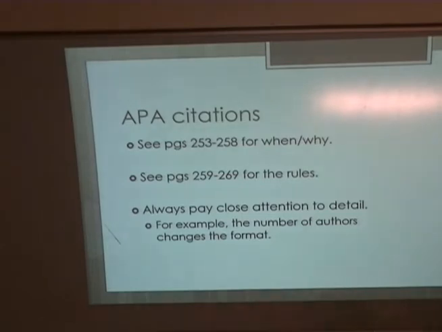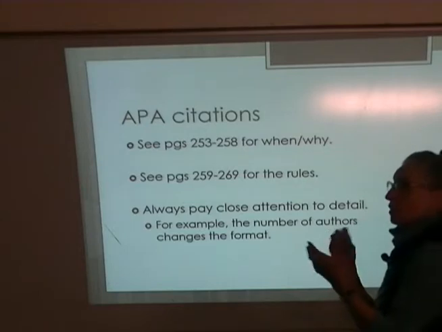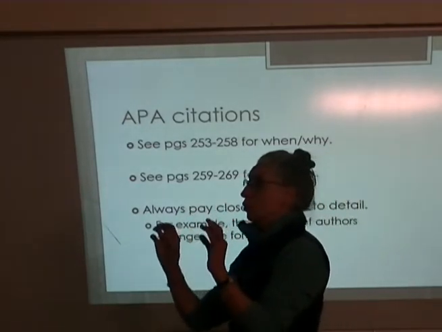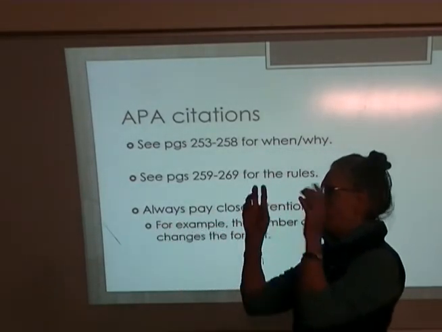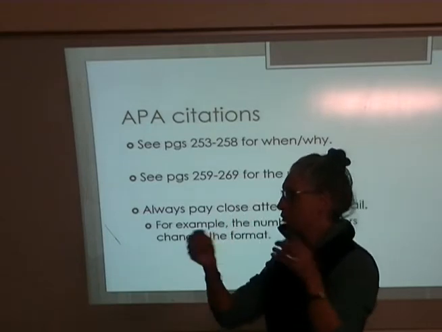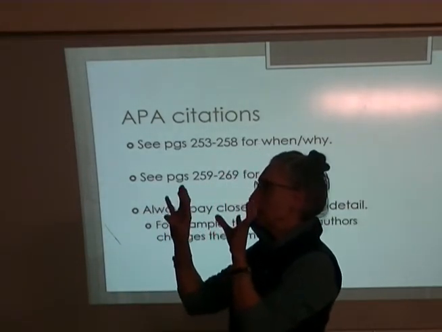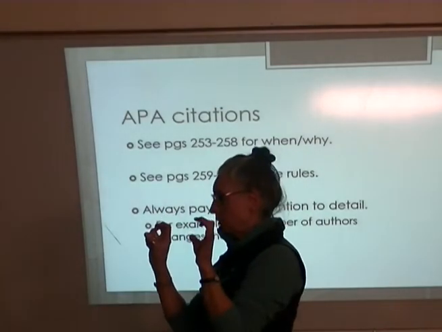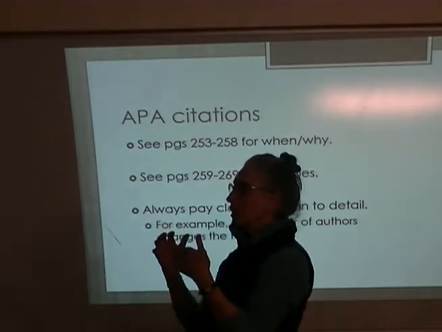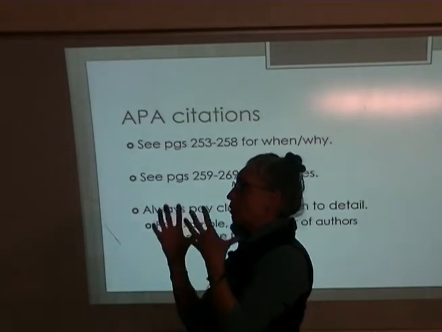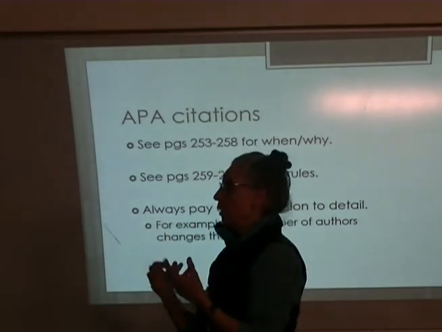So we will always use a citation to give credit when we have used some information from somewhere else. All right? And that doesn't mean that I necessarily quoted it, right? Even if I just am supporting something, right?